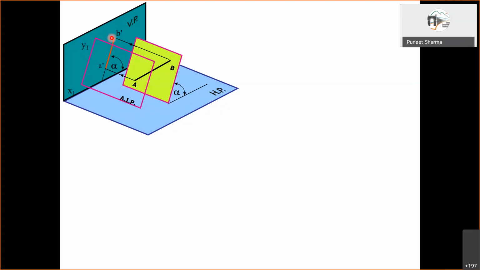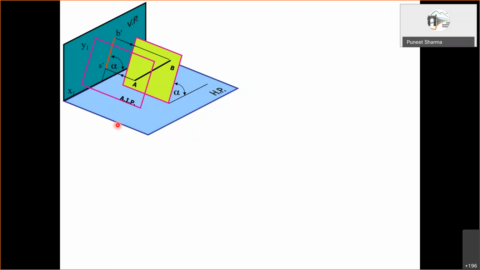Likewise, this small b dash capital B is parallel to the horizontal plane as well as the auxiliary inclined plane. So that means this distance will be visible exactly the same in the horizontal plane as well as in this auxiliary inclined plane. So that is one thing.